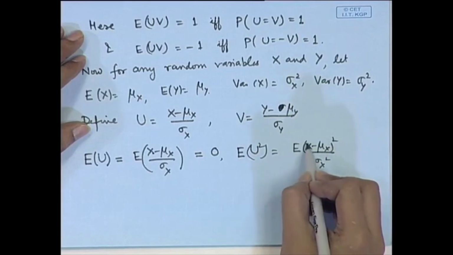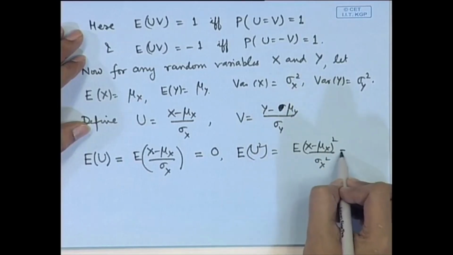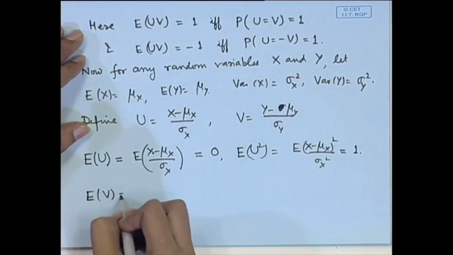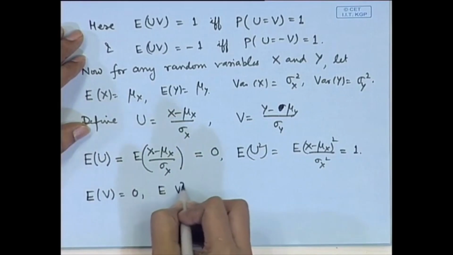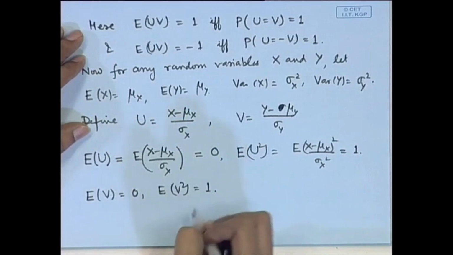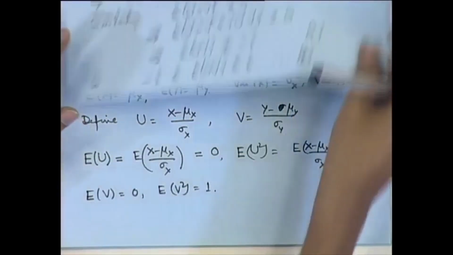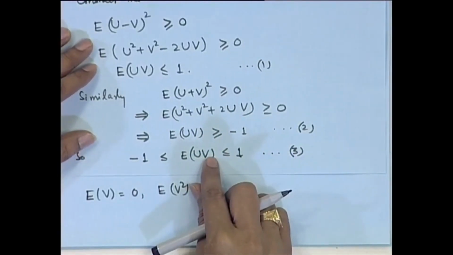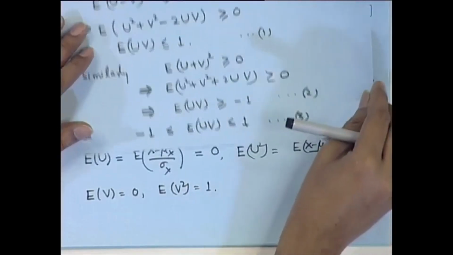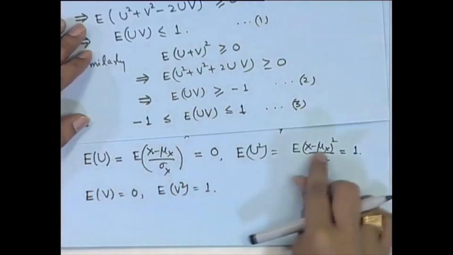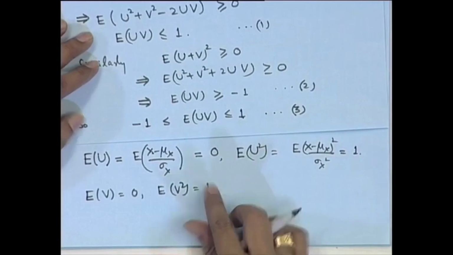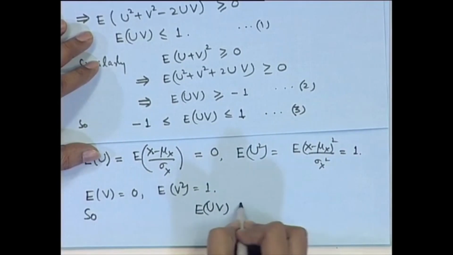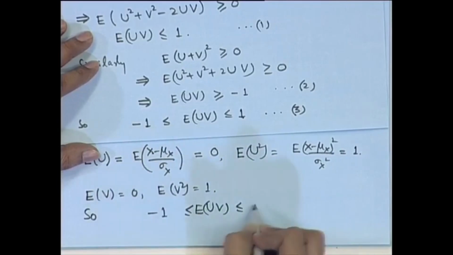Now, the numerator here is simply variance of X, that is sigma X square. So, it is 1. In a similar way you can see that expectation of V is 0 and expectation of V square is 1. So, if we make use of the inequality that we have proved here for U, V random variables with the property that expectations are 0 and the expectation of the squares are 1, we get expectation of UV between -1 to 1.